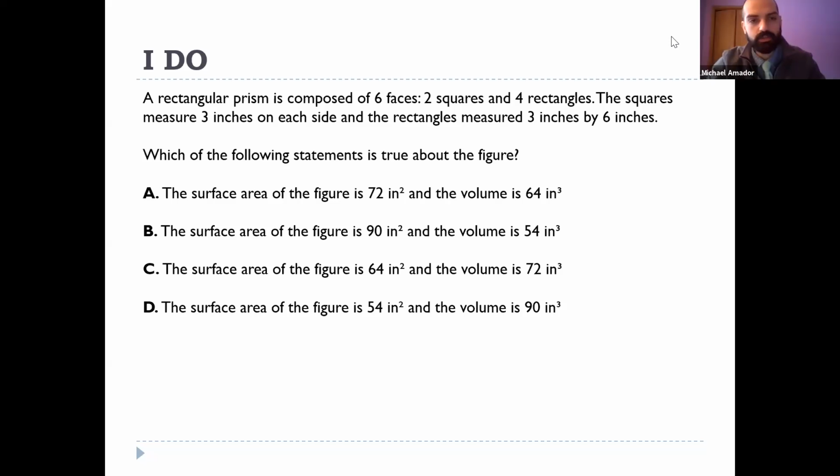So I look at the answer choices and see that each choice gives both the surface area and the volume of the figure. I'm going to need to check each of these answer choices and see if they match the true surface area and the true volume of this rectangular prism.